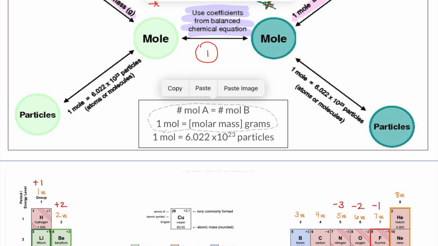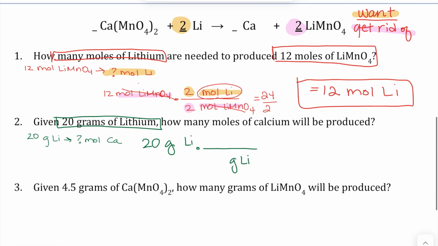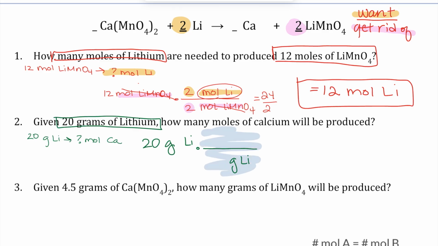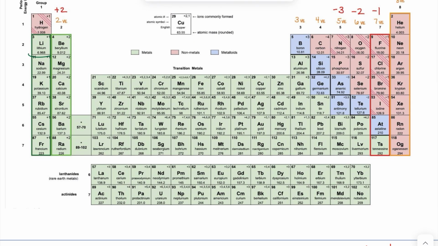I'm going to need to use that in order to write this conversion factor. So we're using this 1 mole is molar mass, using that conversion factor. Grams are on the bottom, 1 mole of lithium on the top. And where do I find that molar mass? I go to my periodic table, and I'm going to round to the nearest whole, so 6.968.